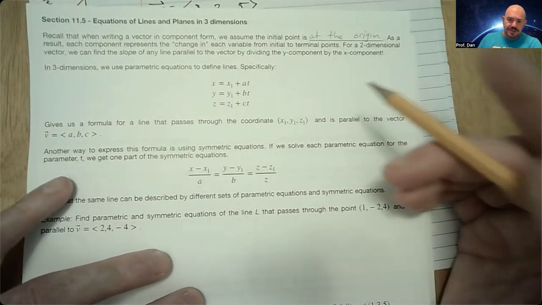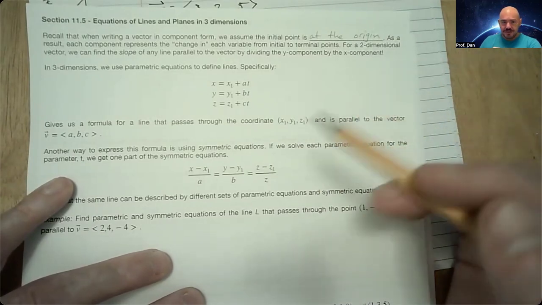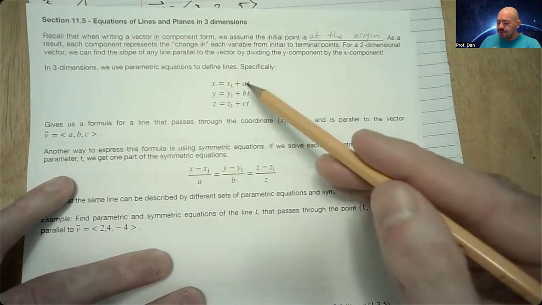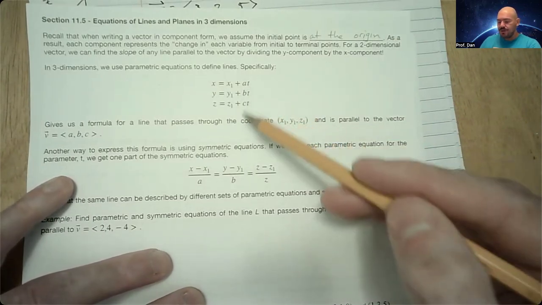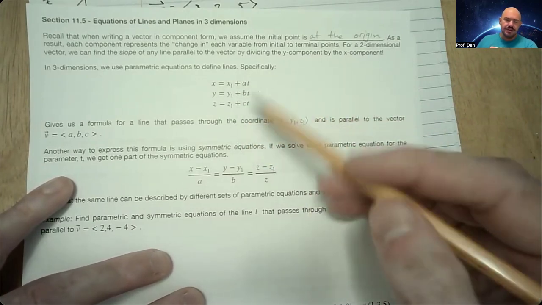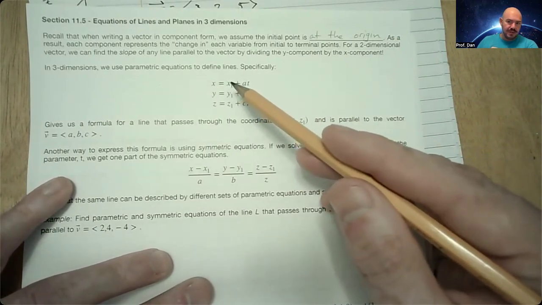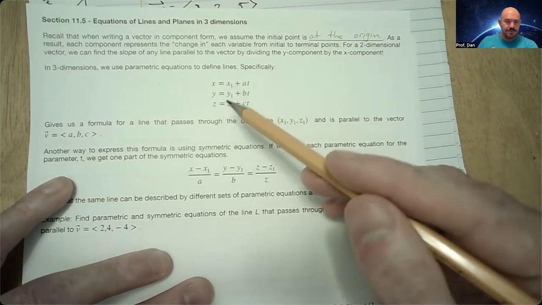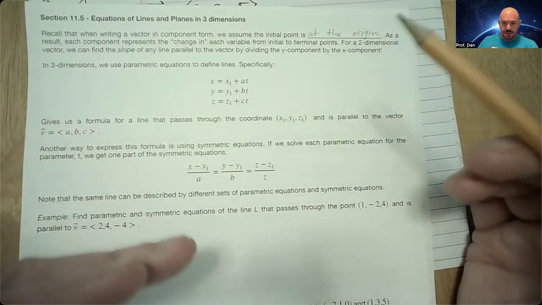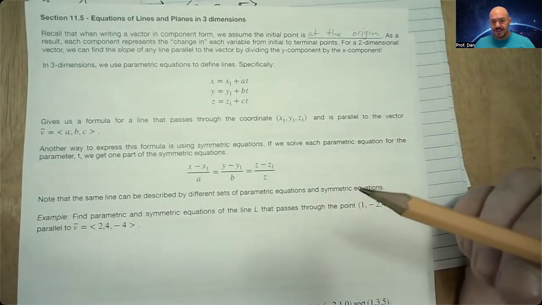The first big difference between lines in two dimensions and lines in three dimensions is that in three dimensions we use parametric equations, meaning that we have a separate equation for the x coordinate, the y coordinate, and the z coordinate. Each of these equations requires two things: a coordinate from a point that we know the line passes through, and the slope based on the component form of the vector that is parallel to that line or is contained within the line.